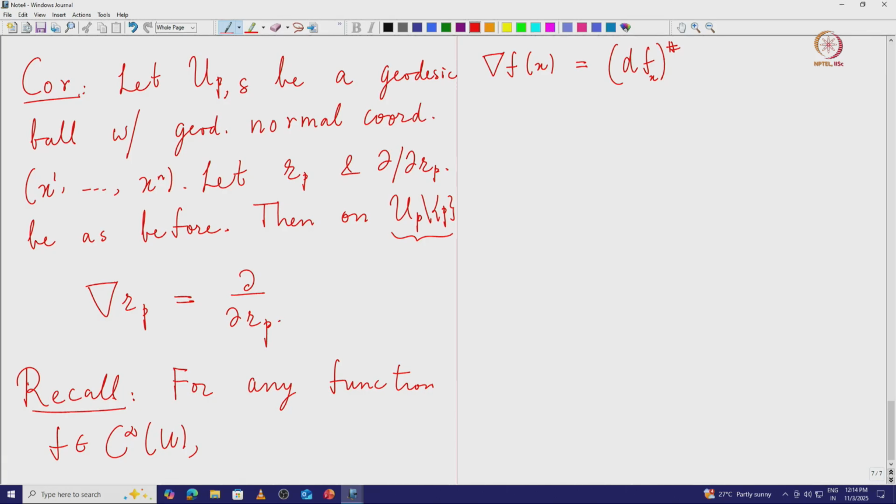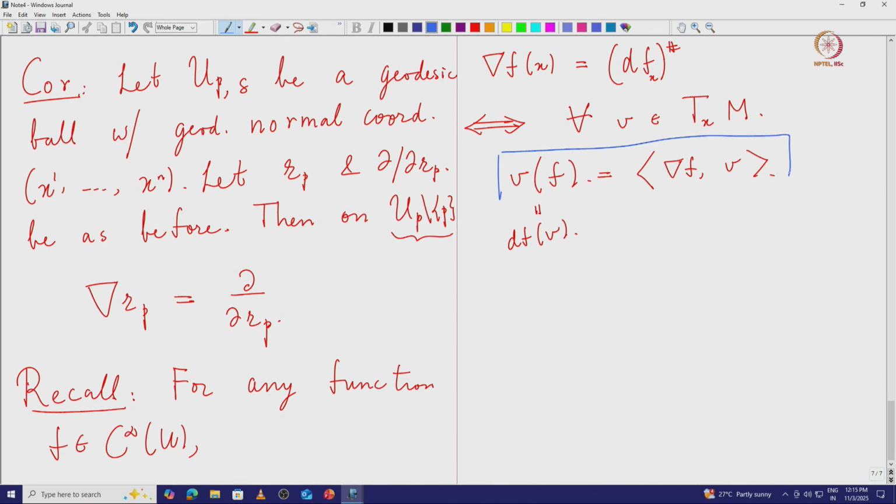So in other words, equivalently, for all tangent vectors V in the tangent space at x, we have that the derivative of f with respect to V is precisely given by the inner product of the gradient of f with V. That's the definition of the sharp operator, because this is precisely df applied to V. So the gradient is basically characterized by this property.